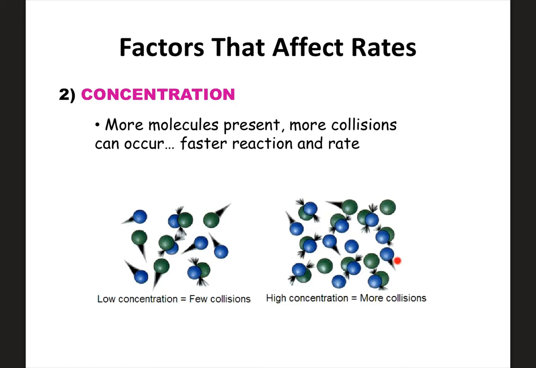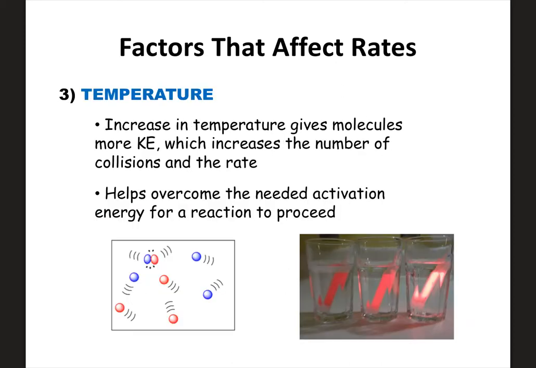If you have a lot more particles present, you have a greater chance of collisions taking place, and you will have a faster reaction rate. So the concentration also affects the rate of a reaction. Greater concentration, faster the rate of the reaction.